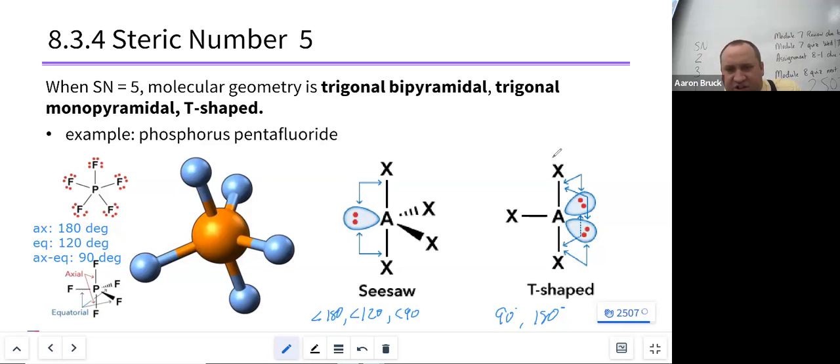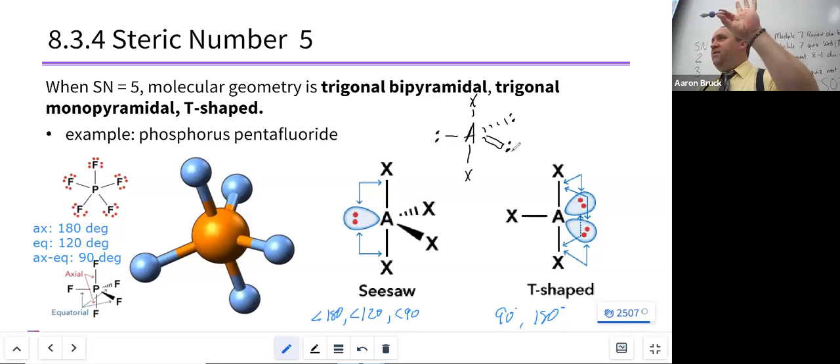The third position: what if I have lone pairs in all three equatorial positions? Well, if that happens, which it does, what we're left with is a pretty familiar looking shape.